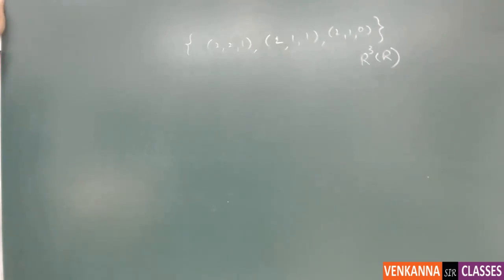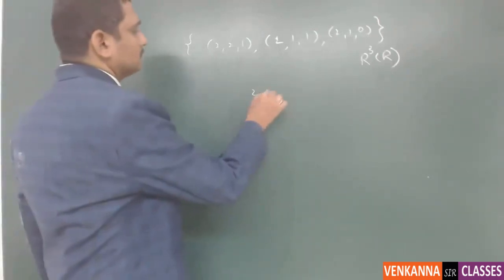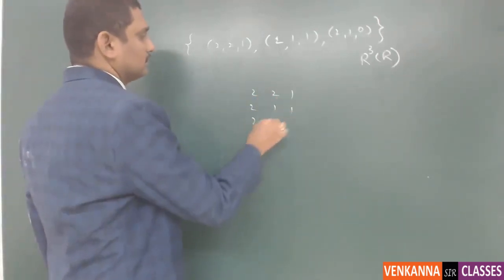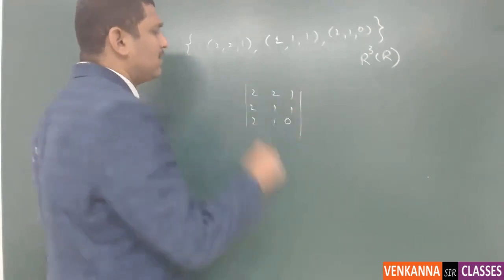My question is, is it a basis for R cube or not? In other words, will it form a basis for R cube? If so, we should prove it. The first thing is to simply find the determinant. Tell me whether it is 0 or not.